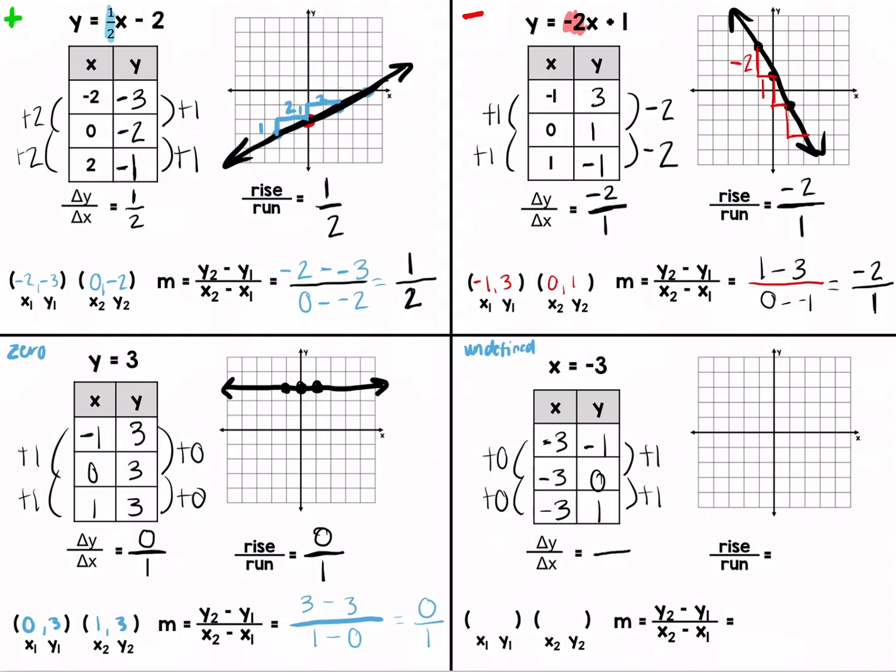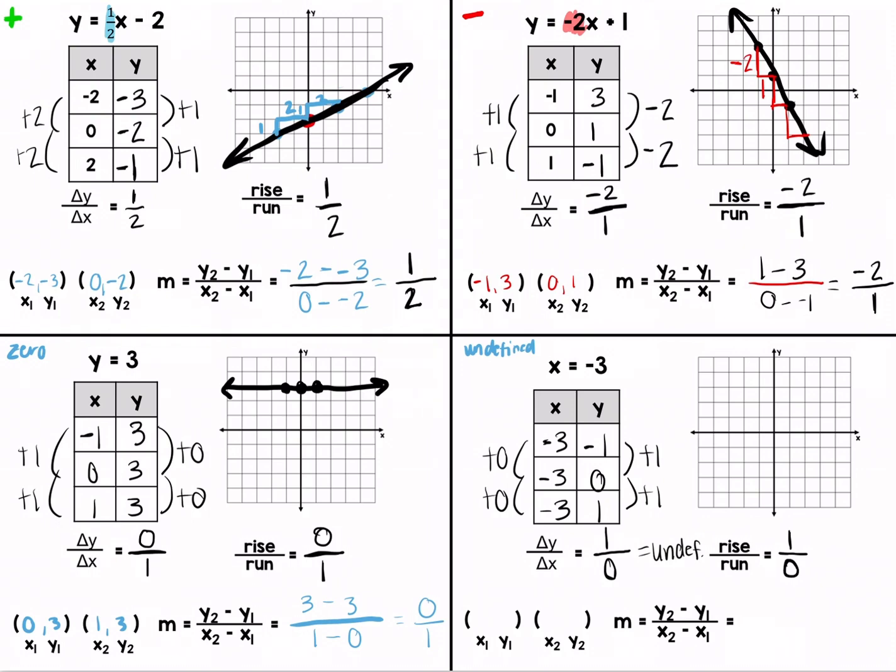So that's going to be 1 over 0, which is undefined. You can't divide by 0, so that's undefined. So your rise over your run is you're going to rise 1 and not go over any.